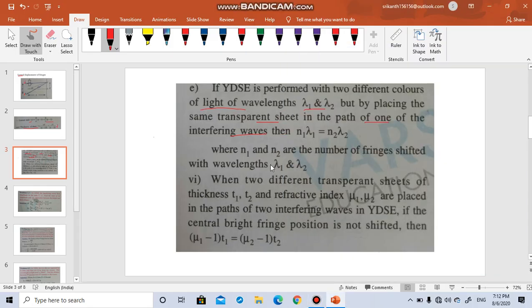Lambda 1 and lambda 2 correspond to light of different colors, but the same transparent sheet is put in front of one of the sources, like in this case. Then n1 lambda 1 is equal to n2 lambda 2. Now what are n1 and n2? These are the number of fringes shifted because of wavelengths lambda 1 and lambda 2.